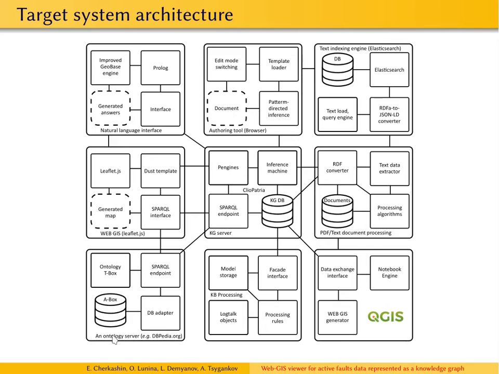Potentially we can use other SPARQL servers, for example DBpedia, to show additional information. We have technologies to implement graph data processing. These technologies are based on the Locktalk programming language. The most complex problem is to involve existing GIS systems in knowledge data processing.